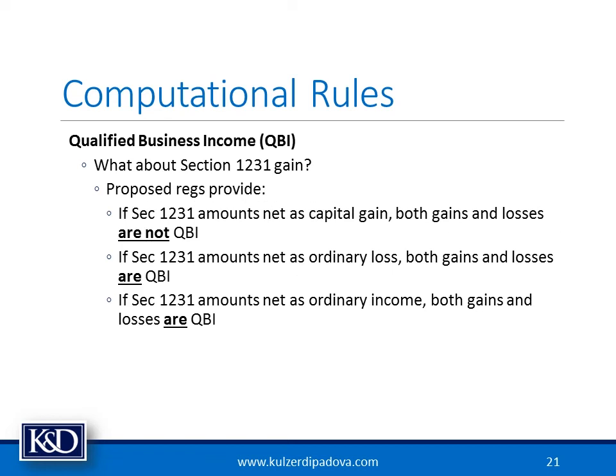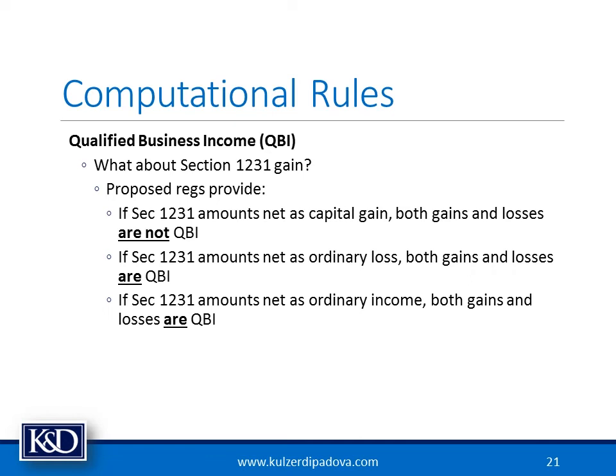So how does this work in the context of QBI? The proposed regs now provide that if your 1231 amount nets out to a capital gain, then your 1231 gains and losses are not QBI, right? Because QBI doesn't include capital gain.